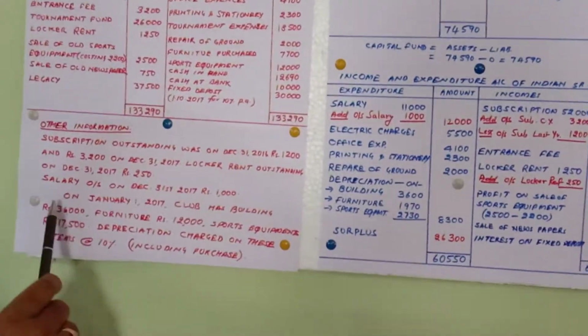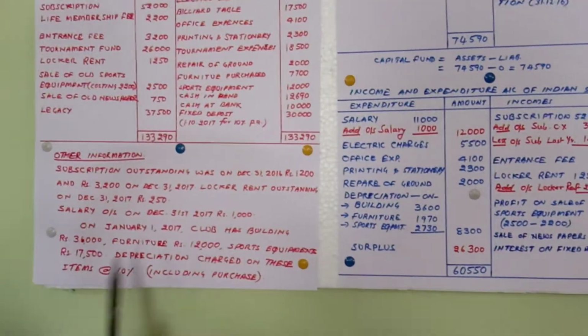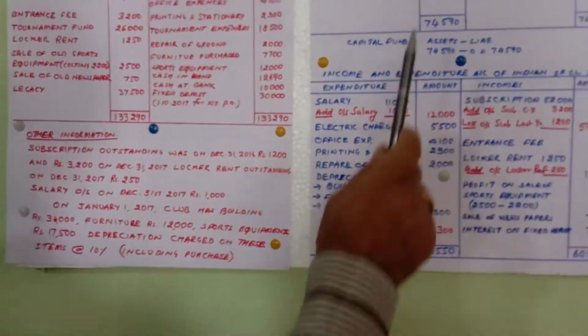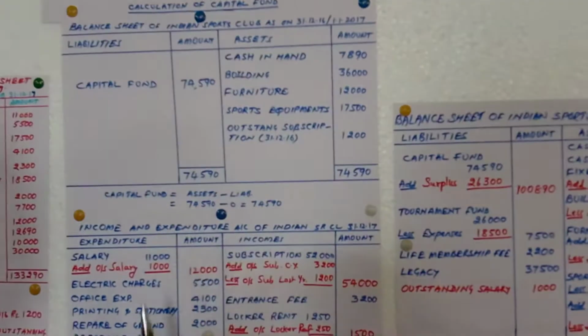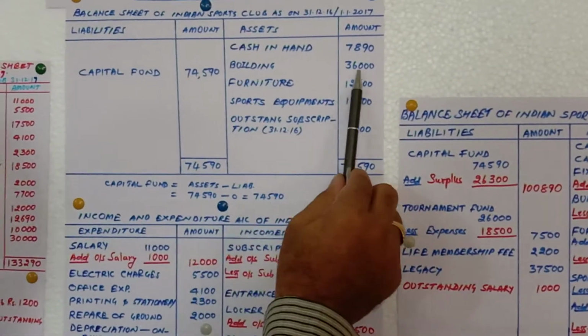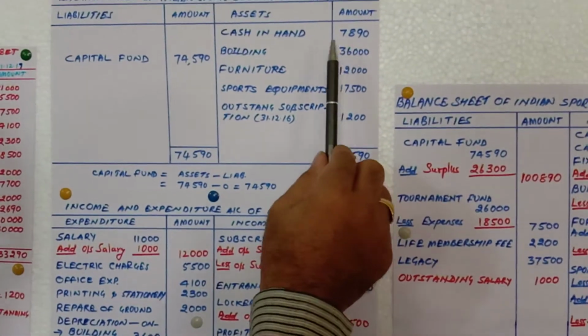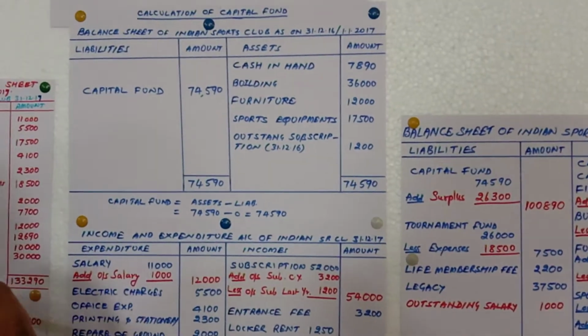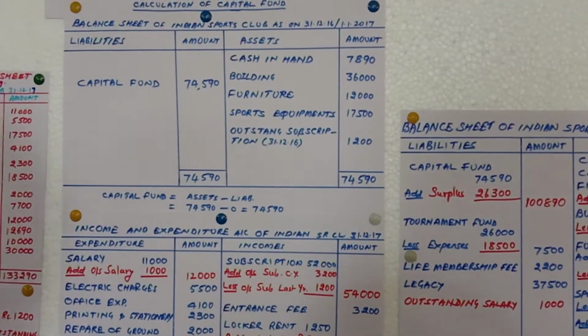Now on 1st January, all the beginning items of assets I have posted here. The simple logic here is, for example, if you are sitting on the same bench as last year, this year, that means the asset of the school is carried forward to next year, but the value will change.